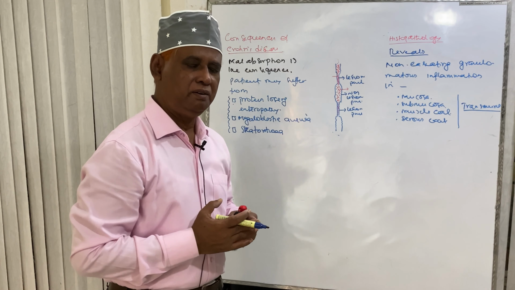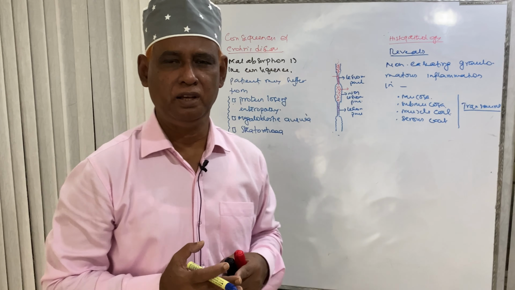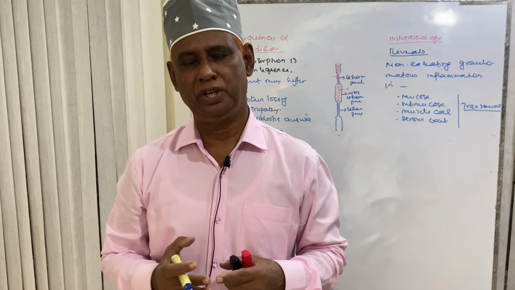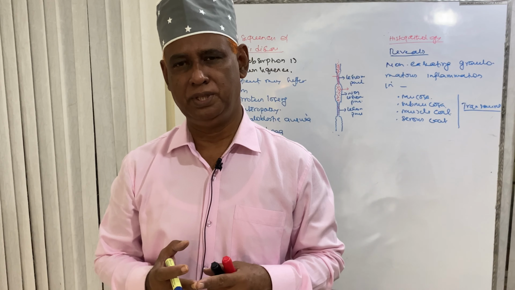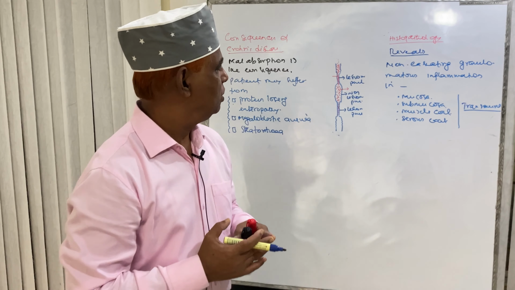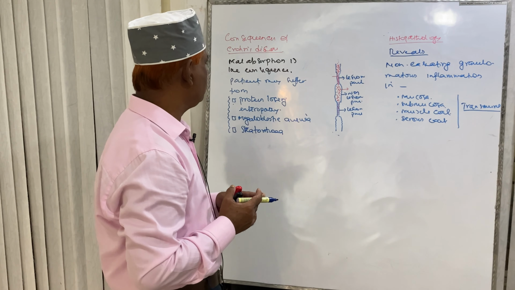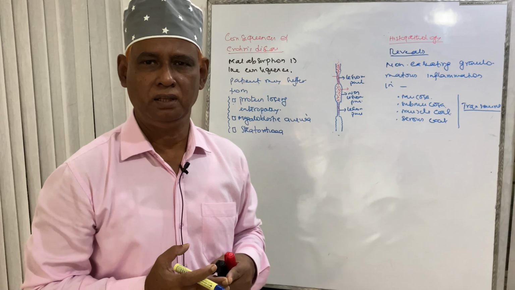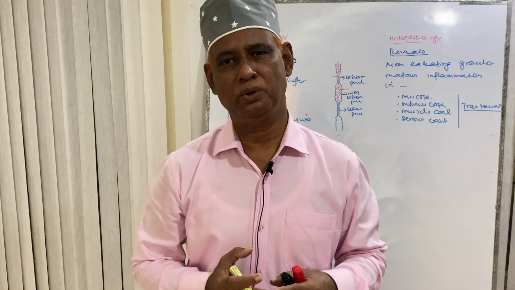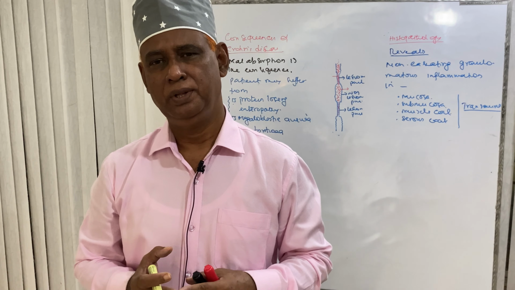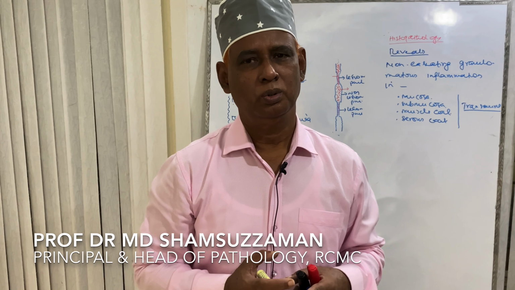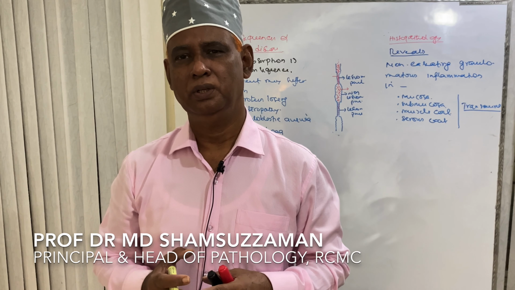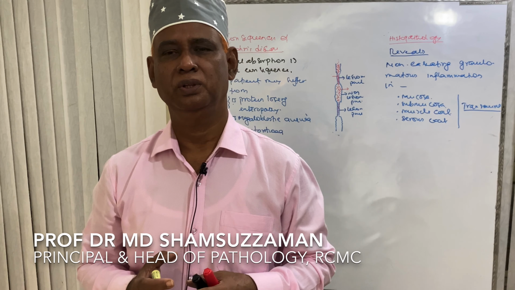It is thought that infection, either viral or bacterial, and immunological reactions are associated with the etiopathogenesis of Crohn's disease. It can occur in any part of the GI tract, but commonly occurs in the terminal ileum, so it is called terminal ileitis. Due to sharp involvement of the disease in this segment, it is also known as regional enteritis.